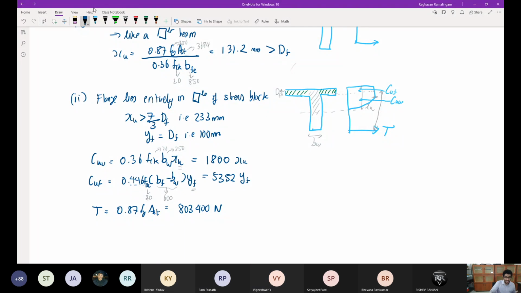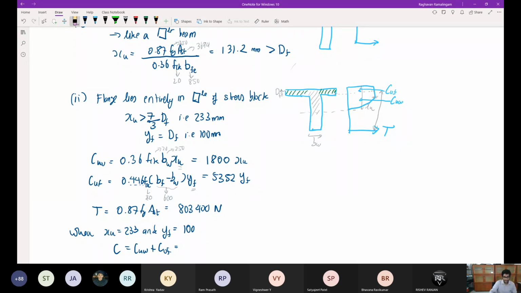Fine. Now for this particular case, when XU equals 233 and YF equals 100, C which is equal to CUW plus CUF equals how much? Just multiply this by 233, multiply this by 100 and add it. Sorry, what am I saying?